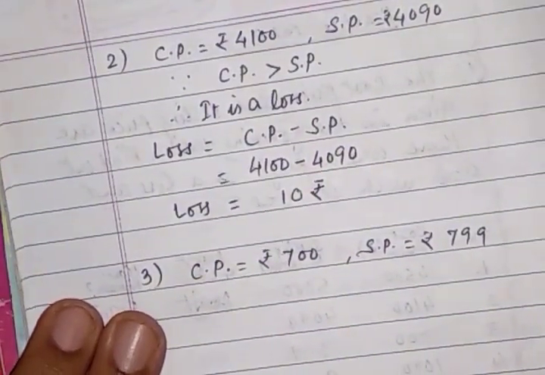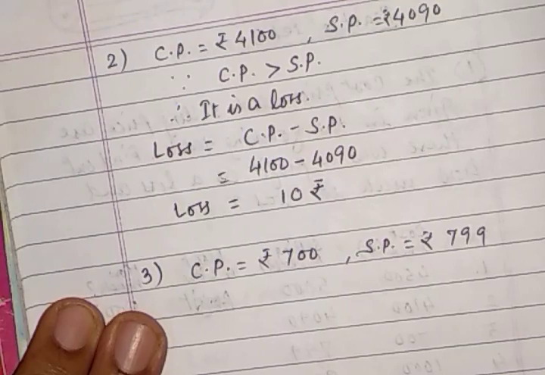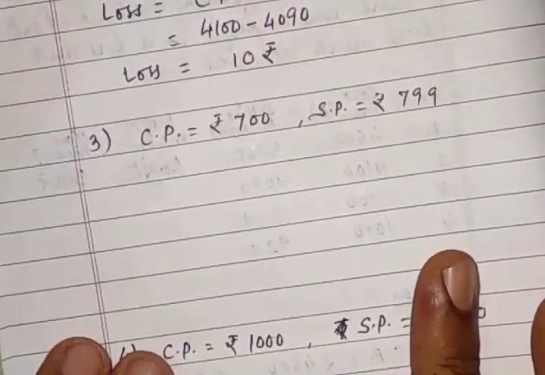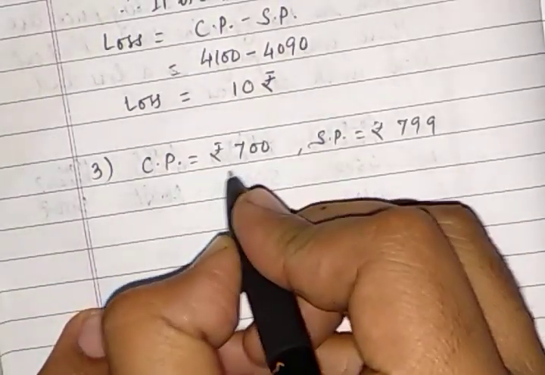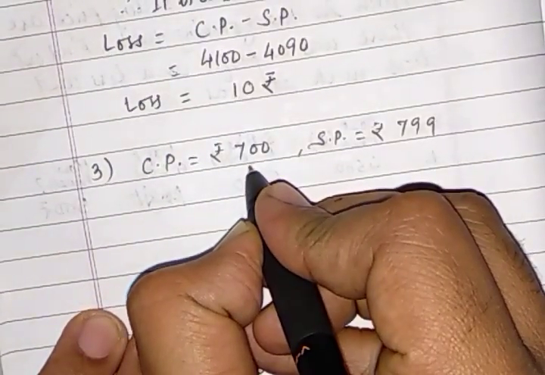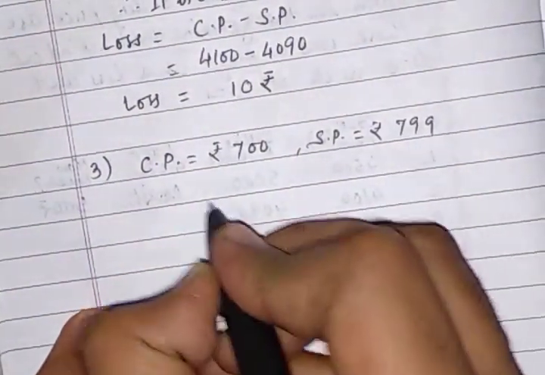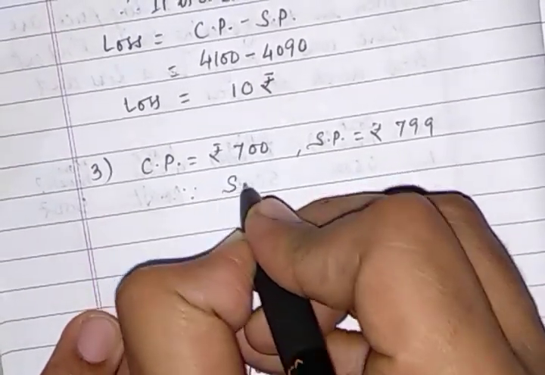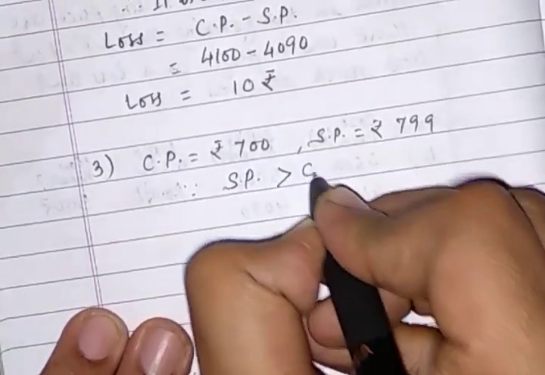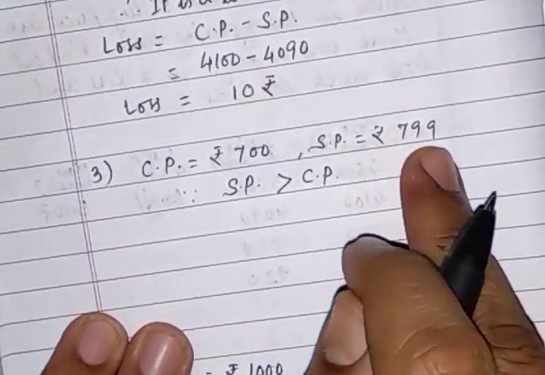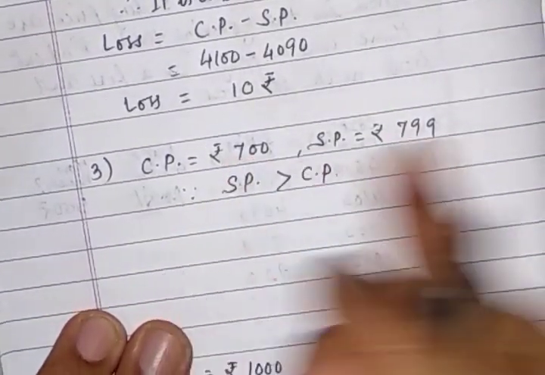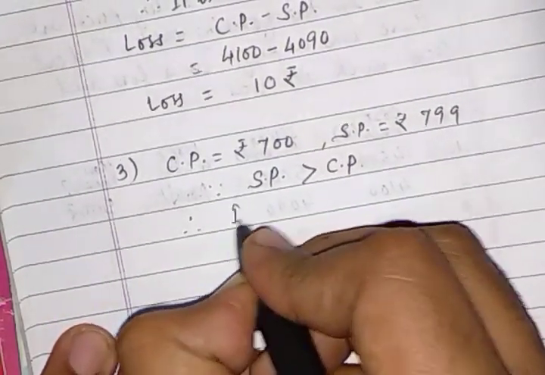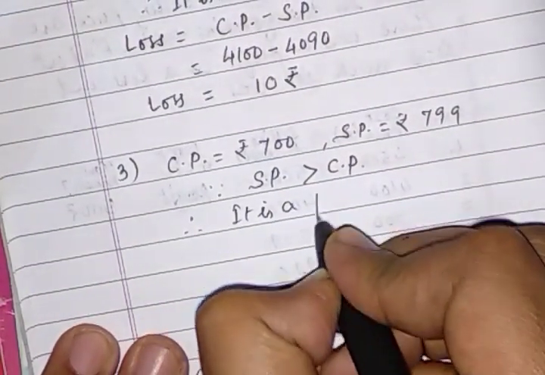We will fill these values in the table at the end. Now look at the third one. Cost price is rupees 700, selling price is rupees 799. So you can clearly see here that selling price is greater than cost price because 799 is greater than 700. So that means it is a profit.